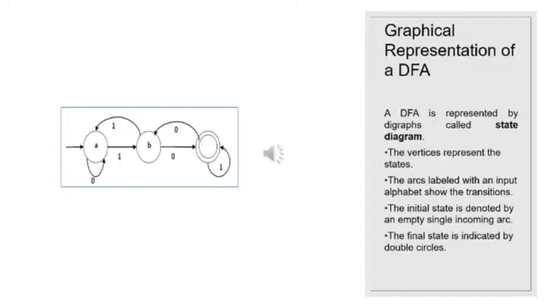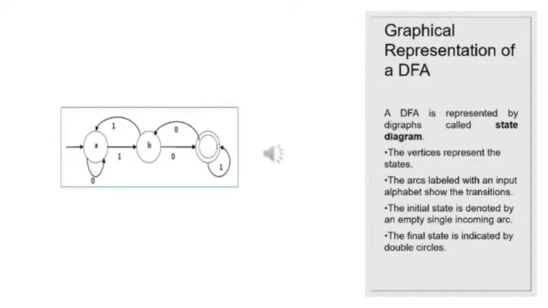We can represent the DFA in the form of a diagram which is called a state diagram. Now we are going to discuss how we can draw the state diagram. The state diagram consists of vertices. The circles are called vertices and the arcs are called transitions. The transitions consist of input symbols, that is zeros and ones. This A is the initial state.